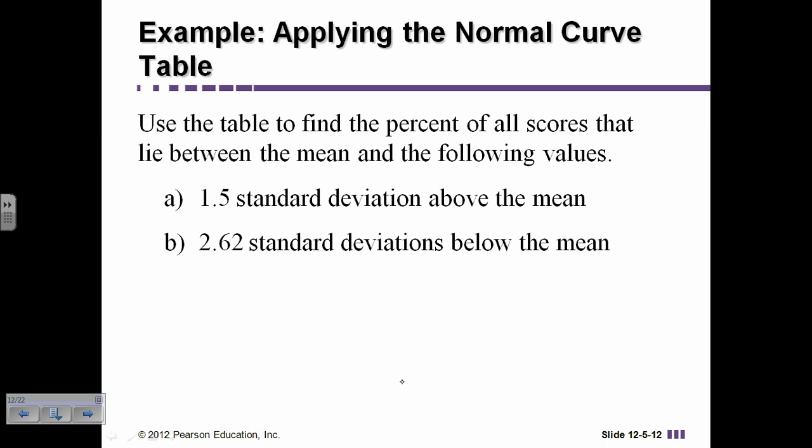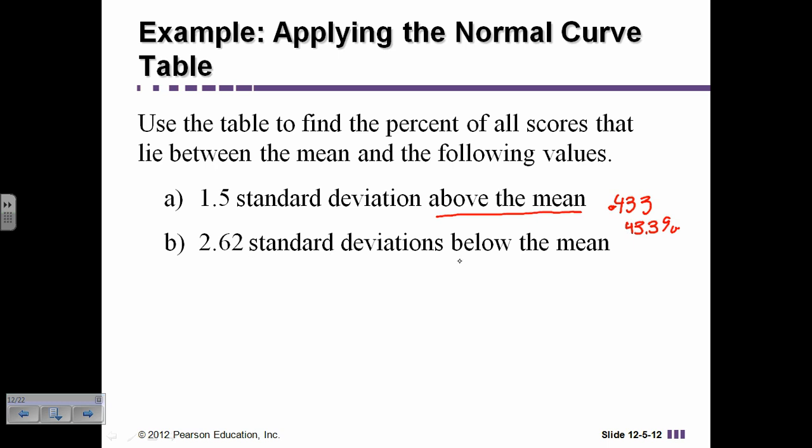If I look at that table and find 1.5, you'll notice that the number in the A column is 0.433. That would be 43.3% of my data lying 1.5 standard deviations above the mean. If it said below the mean, it would be the same answer. If it said above and below the mean, then I would double that value.